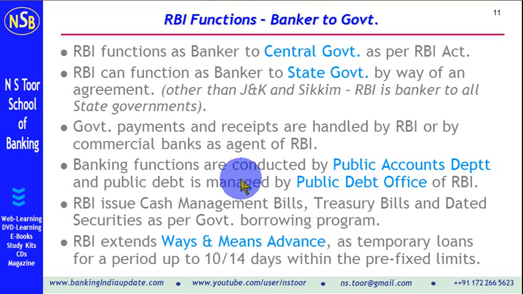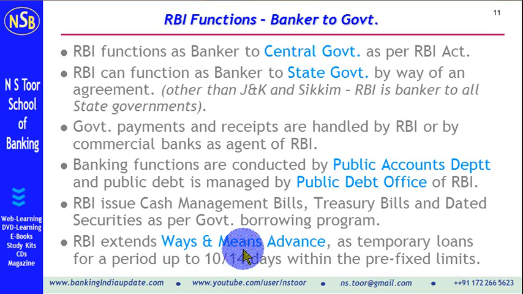In case of need, RBI also extends ways and means advance to central government as well as to state government. These are temporary loans which are extended by RBI for a period up to 10 days to central government and 14 days to state governments.